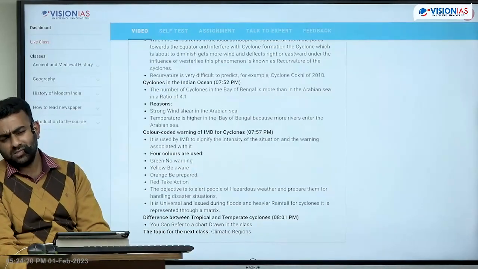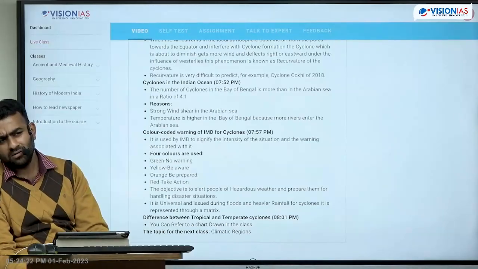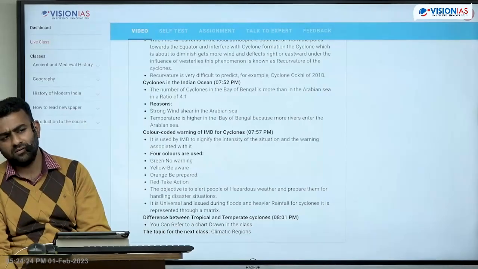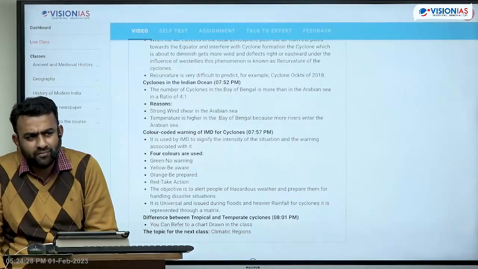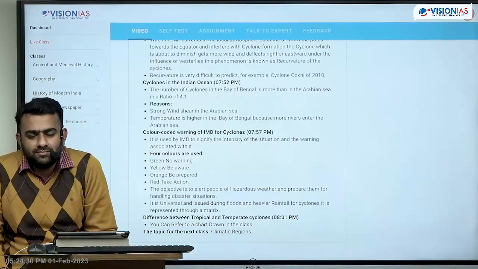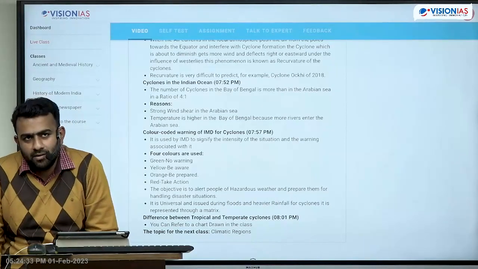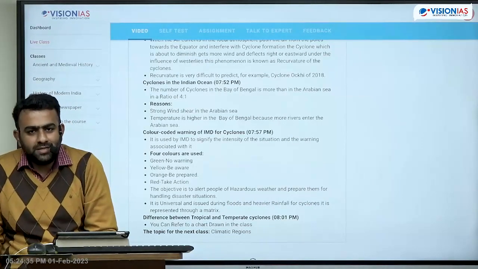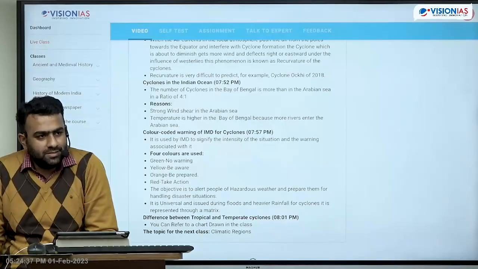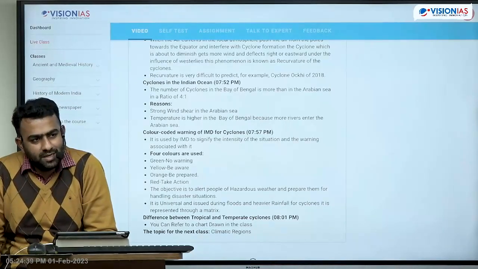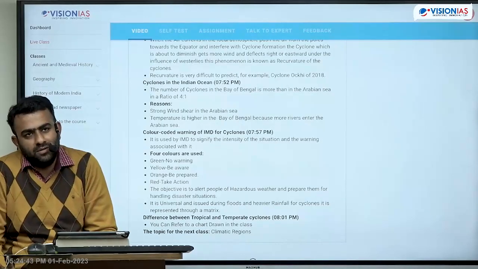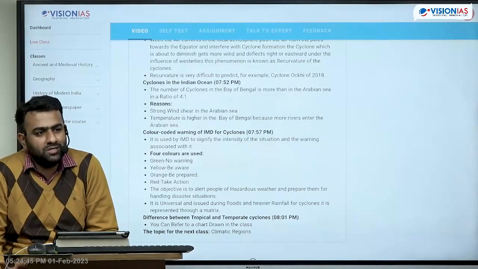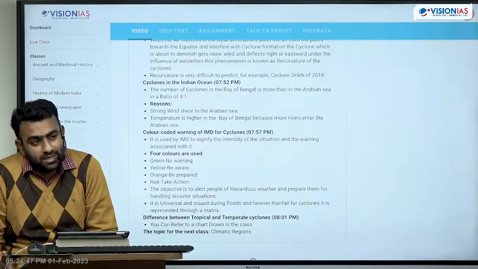See, the winds inside the cyclone are anti-clockwise. The winds inside the cyclone are anti-clockwise, but you cannot give a particular direction for the entire cyclone itself.